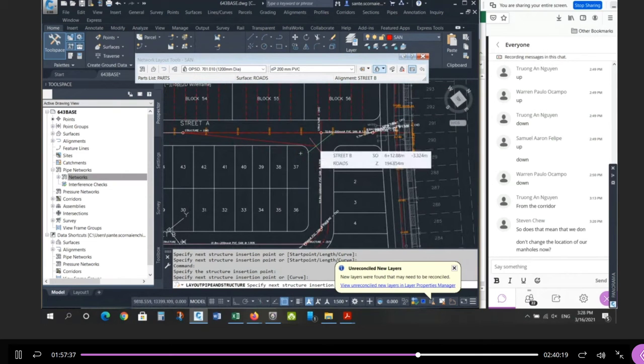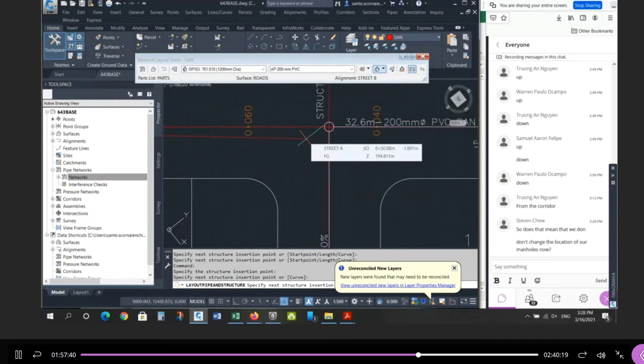Watch the little indicator. Instead of snapping to the center, it recognizes there's a maintenance hole there. And look at the little magnetic pointer. See this? It looks like a pair of broken eyeglasses, the two squares with the lines. That's telling me this is a Civil 3D OSNAP.